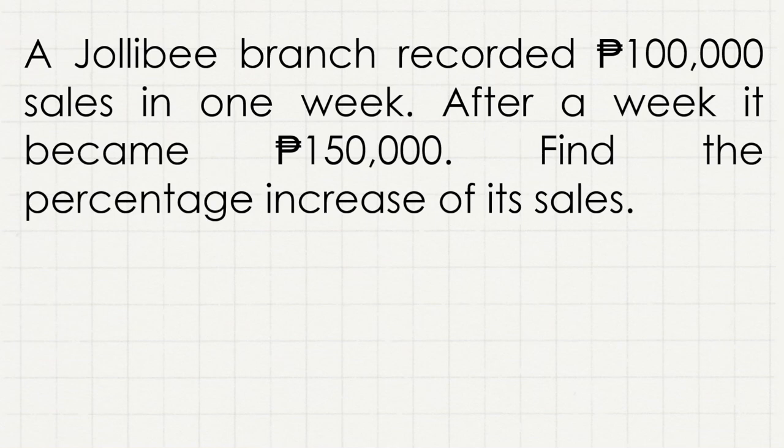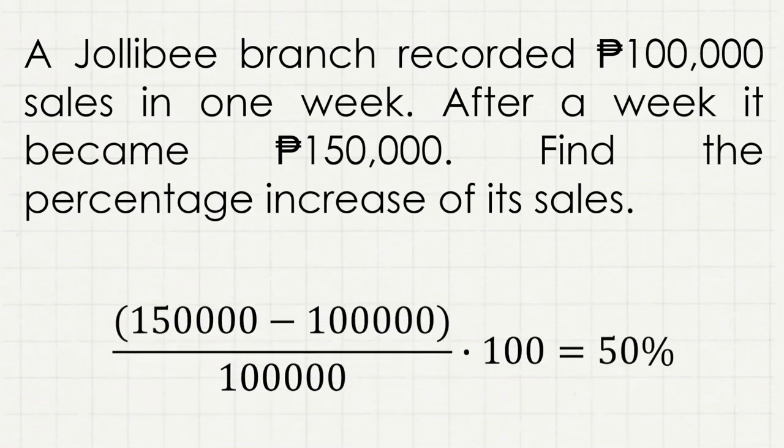Let us have another example. A Jollibee branch recorded 100,000 sales in 1 week. After a week, it became 150,000. So as you can see, there is an increase, tumaas, from 100,000 to 150,000. Find the percentage increase of its sales. So again, we're going to use the formula.